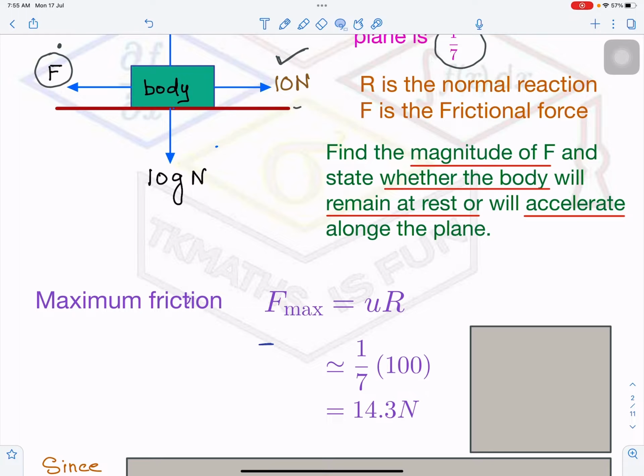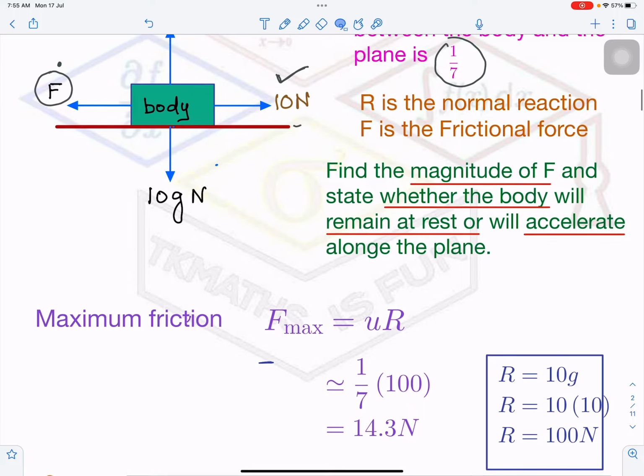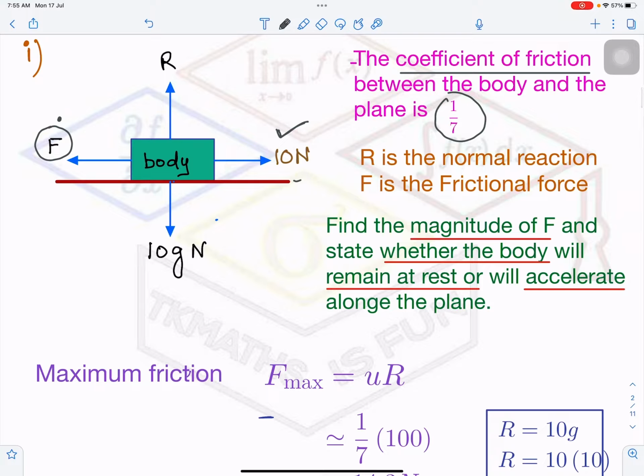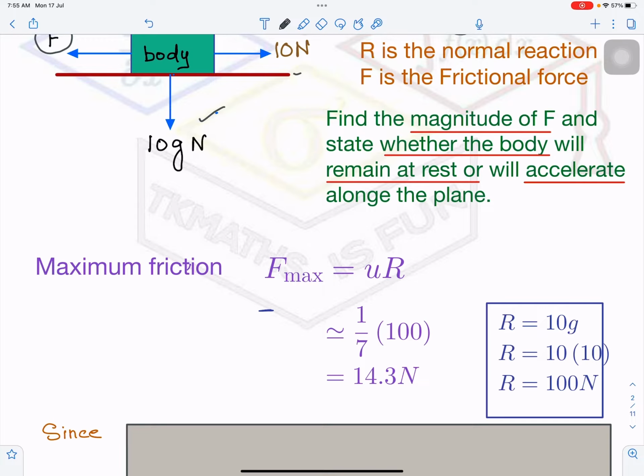So R you have to calculate. R is equal to 10 g because it is equal and opposite to the weight in this case. You can see here, this R is equal and opposite and the body is not moving in that direction, so they are balancing each other. So R is equal to 10 g, which is 100 Newton.